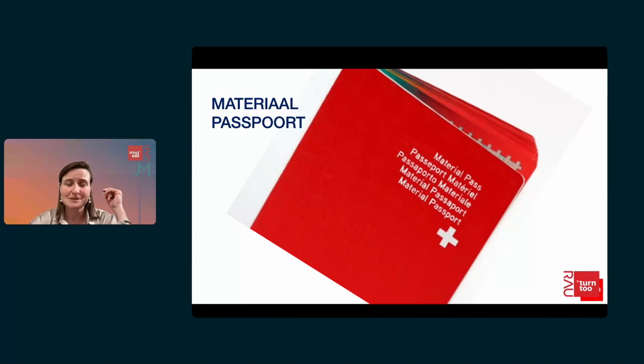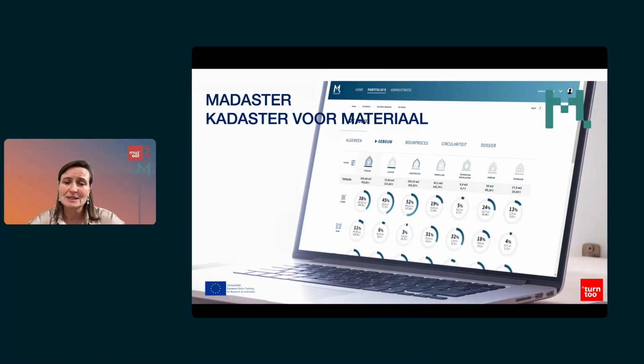So we came up with this concept of the material passport and started equipping our own buildings with it for a while, but then realized we really have to create something scalable, where the whole built environment can be mapped at a certain point in time, so that we have an inventory of the urban mine. And that's what we did in 2016. We started with the idea of Madaster, the cadastre for materials, or the land registry for materials.